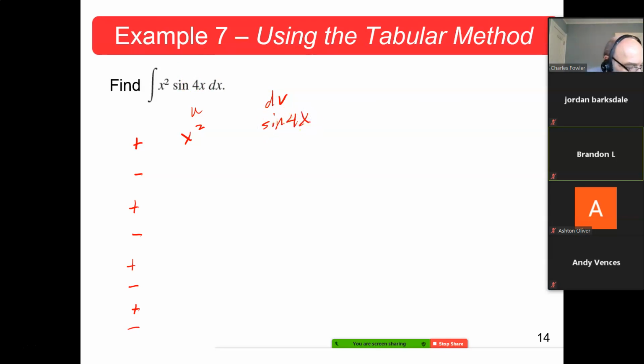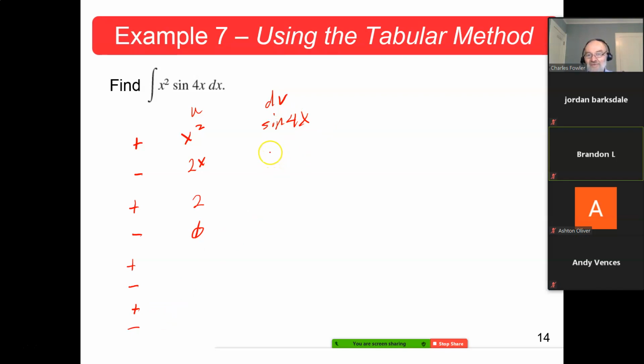Okay, now what you do here is take derivatives of this. The next one's going to be 2x, and the next one's going to be 2, and the next one's going to be 0. You stop there. We don't need to go any further. Okay, you're integrating this.